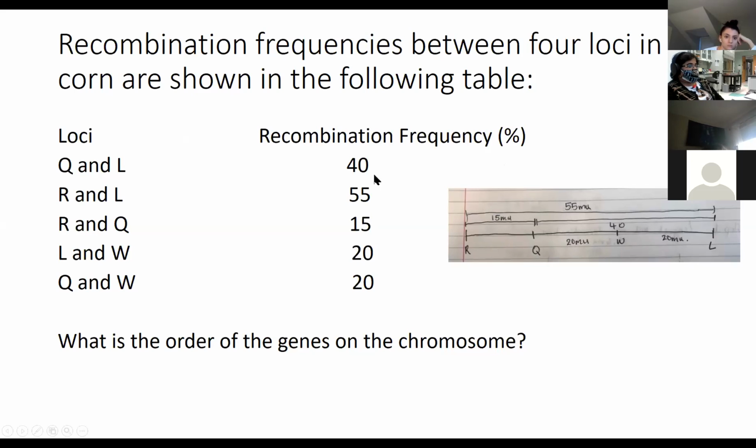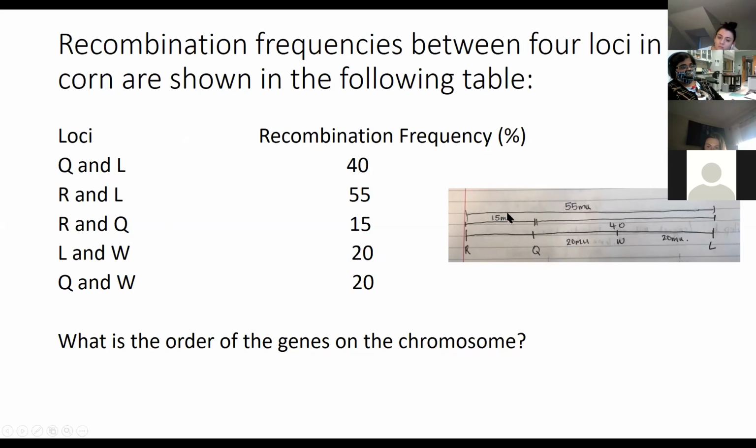Then we go to the next highest, which is involving Q, right? Q is 40 map units away from L. Let's see where it lies around R. So Q and R are 15 apart. So in this case, you would know that it is in between them because they actually add up to 55, right? 40 plus 15 equals 55.